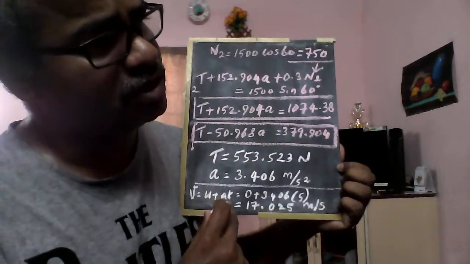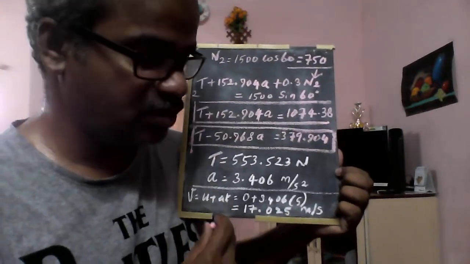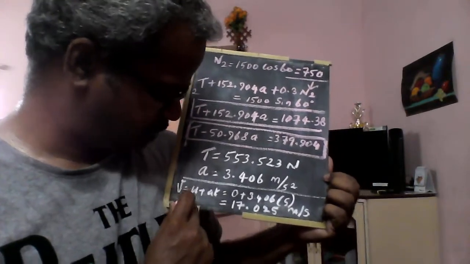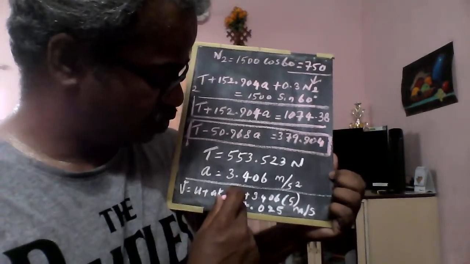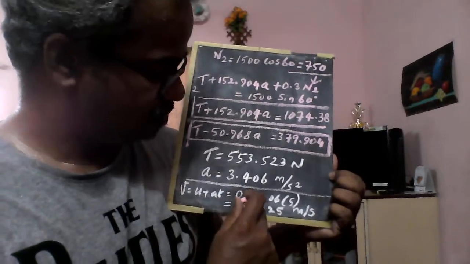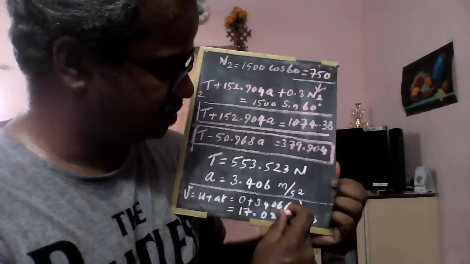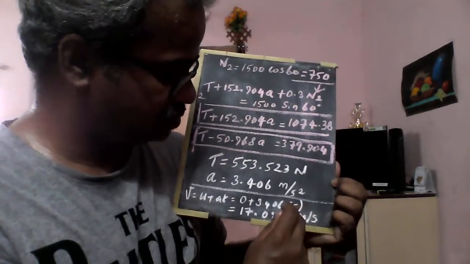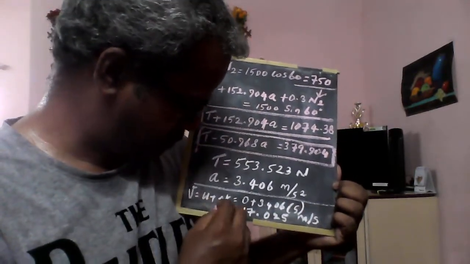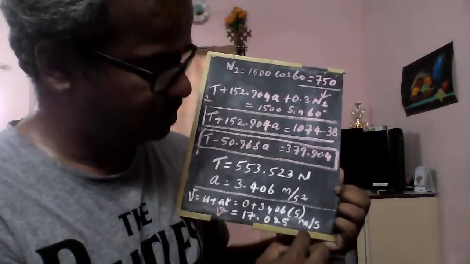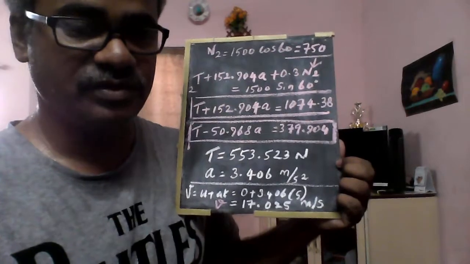Since the block starts from rest, the initial velocity is 0. Using the kinematics equation V is equal to U plus A T, U is 0, A is 3.406, and T is 5 seconds. So I get V is equal to 17.025 meter per second. That is the answer. Thank you.